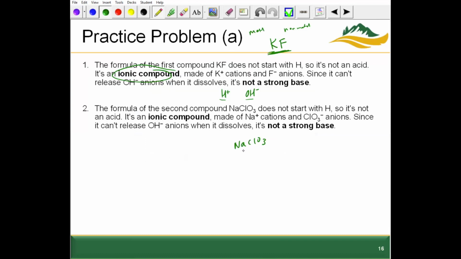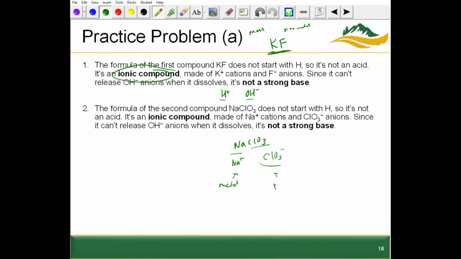Here we have sodium that we know likes to form Na+ ions. Here's chlorate that we have memorized, or we have the ability to access this ion name quickly, so sodium and chlorate. We do know it's an ionic compound. Here's our metal.